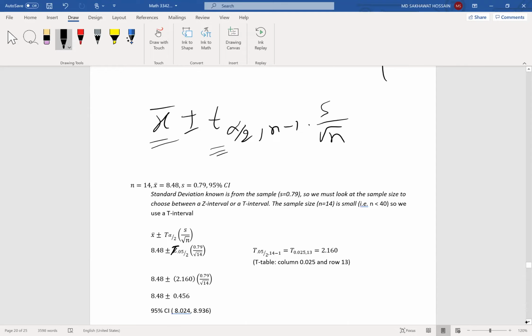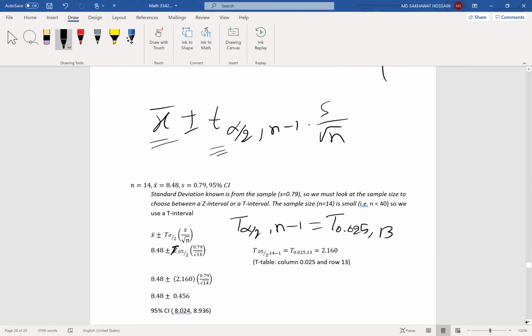Whenever you use T distribution, always write the degrees of freedom, n minus 1. Sample size is 14, so 14 minus 1 is 13.